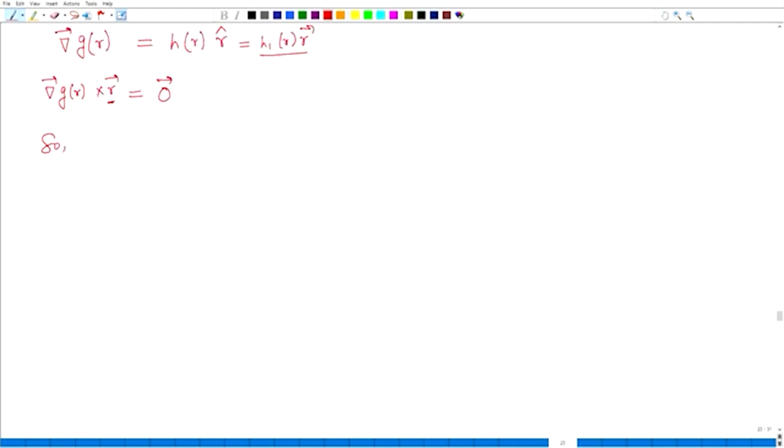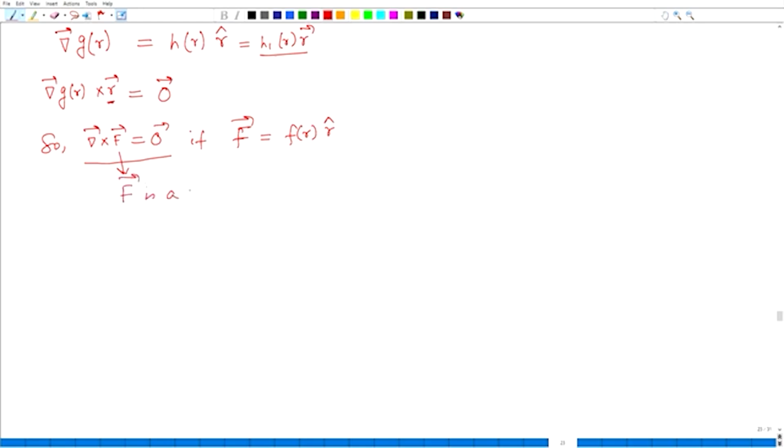So, curl of f is equal to 0 if f is equal to f(r) r cap. And what is the meaning of that? You all know. This is simply saying that f is a conservative force field.